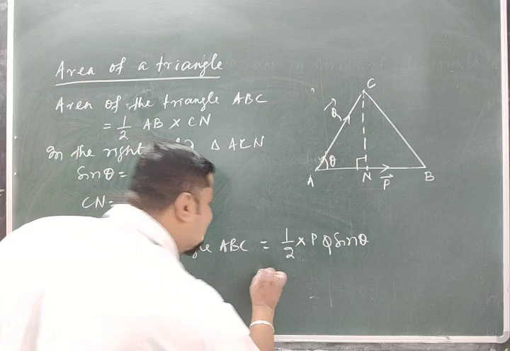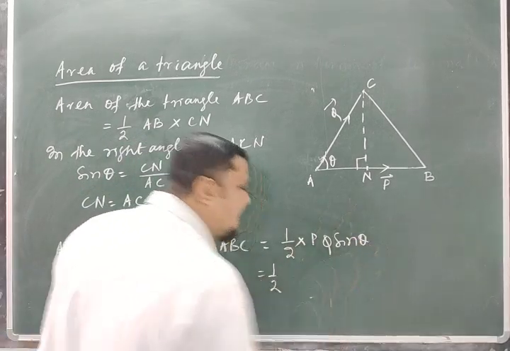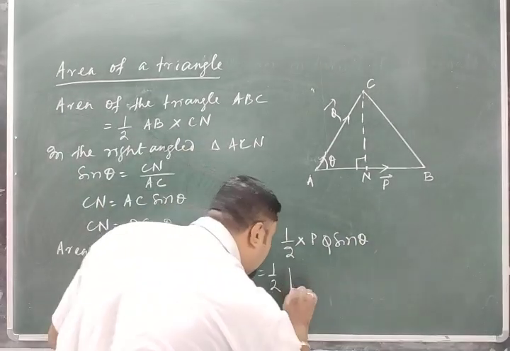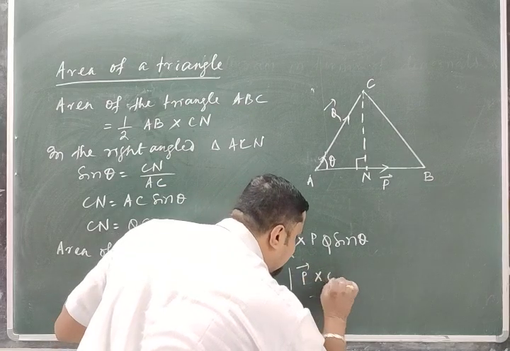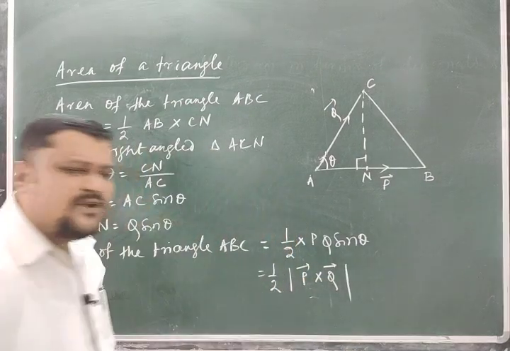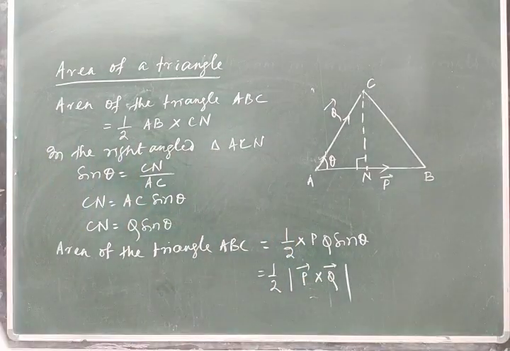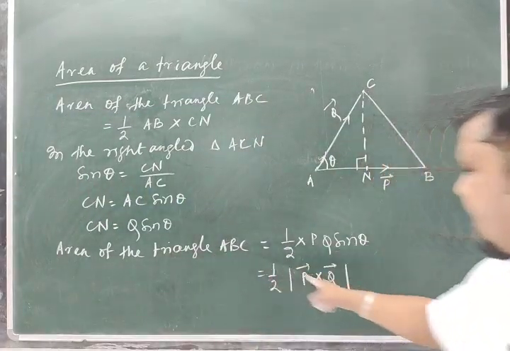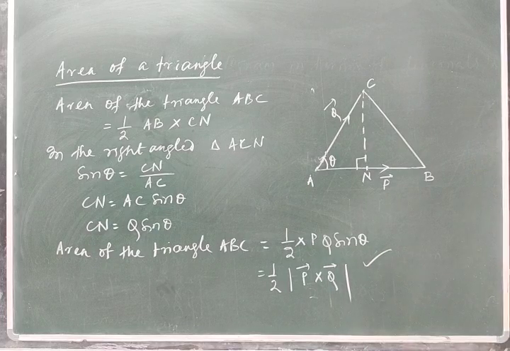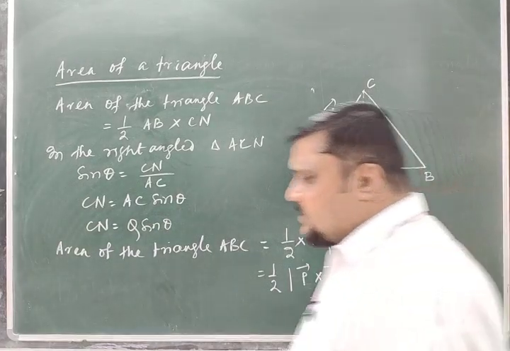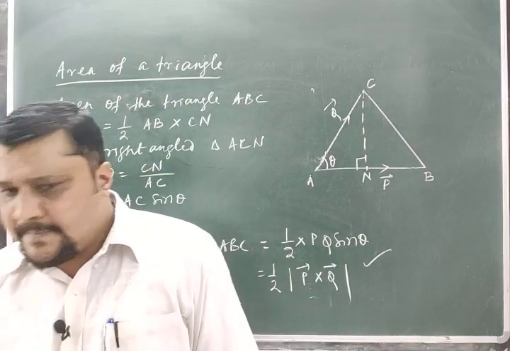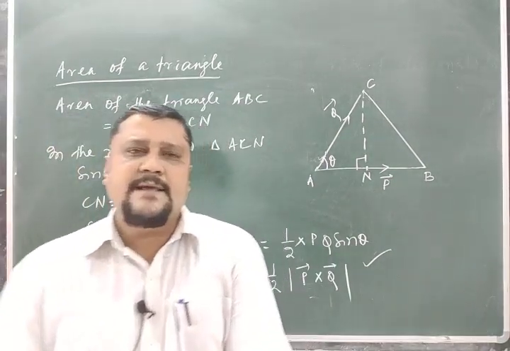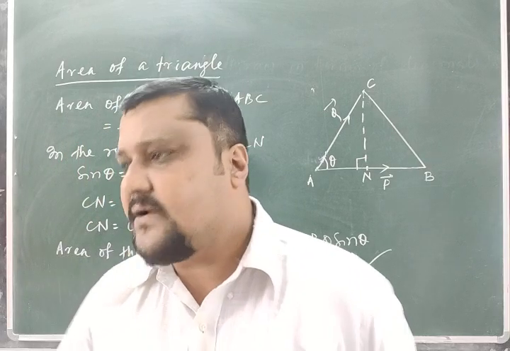So, this is equal to half PQ sin theta. That is the magnitude of P cross Q, because P cross Q is equal to PQ sin theta n cap. When you take the modulus, you will get PQ sin theta. So, this is the area of the triangle ABC, that is equal to half of the magnitude of P cross Q. Clear? So, students, this is an application of the cross product of vectors.